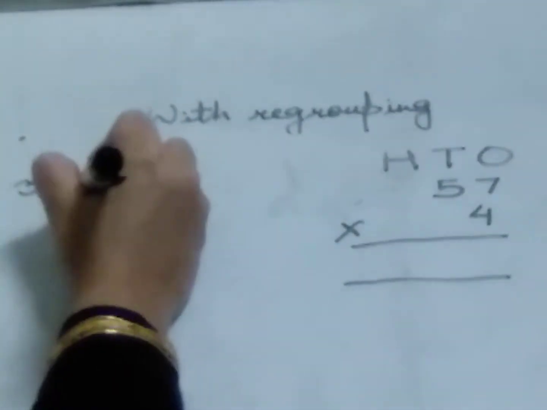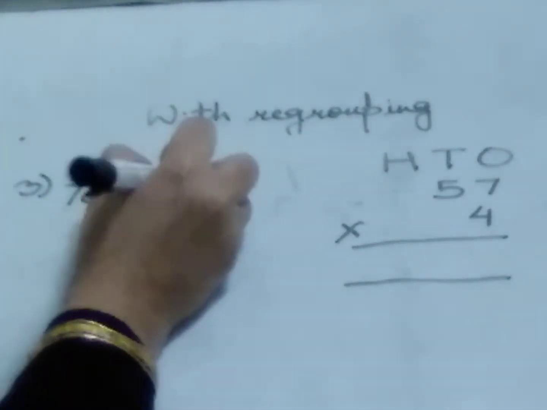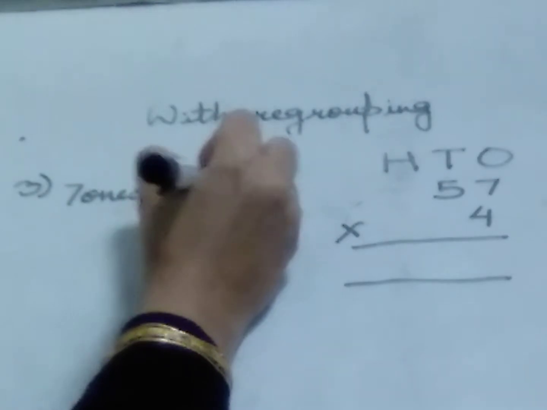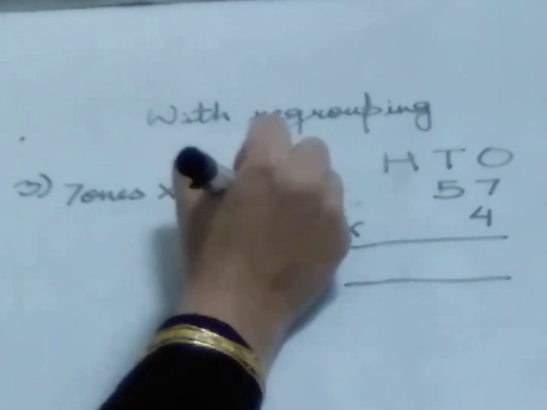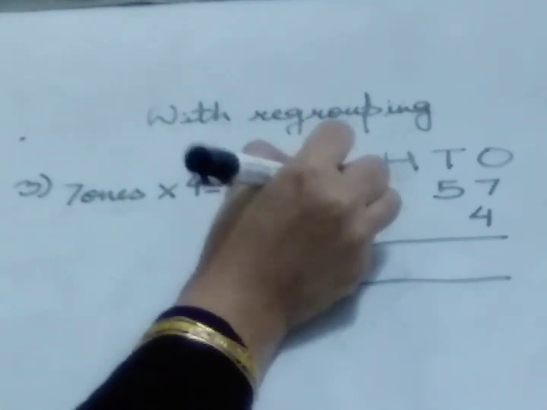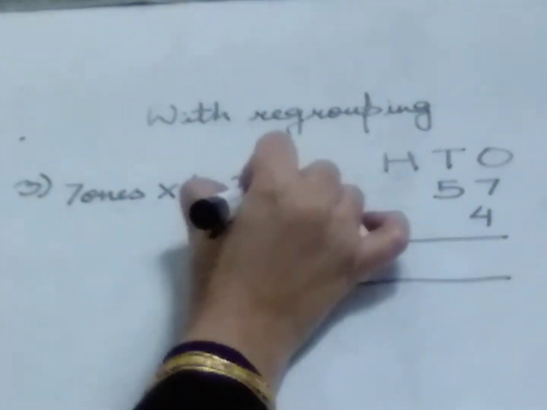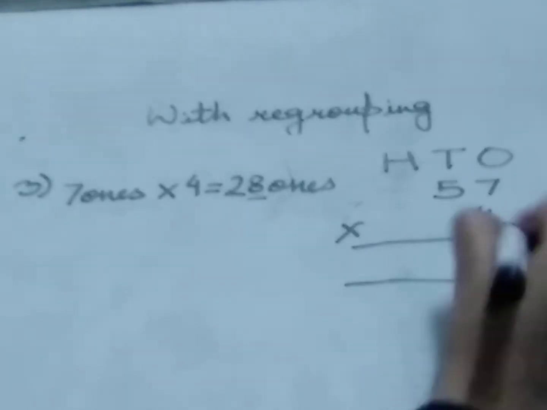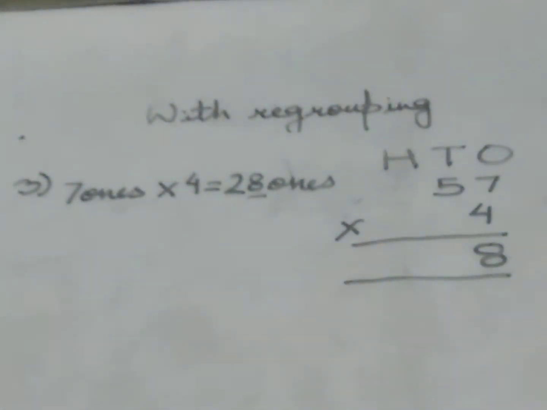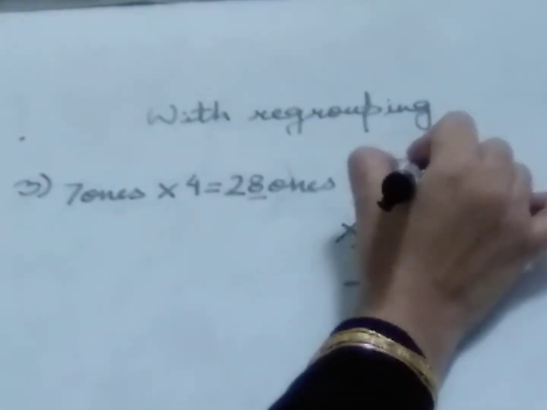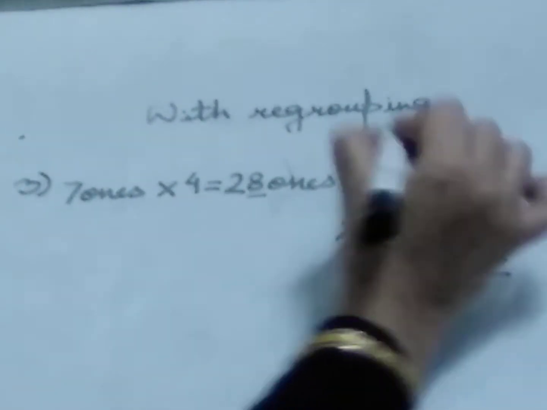Multiply the ones first, which is 7 ones multiplied by this 4. It gives us 7 fours are 28, 28 ones. Now write this 8 in the ones column and carry over 2 tens to the tens column.